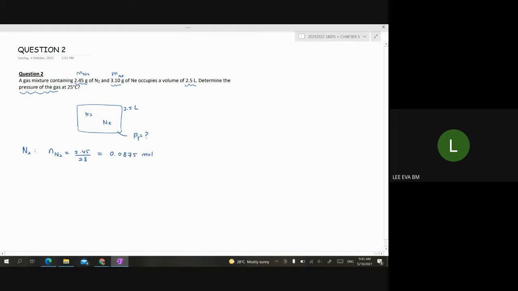If Madam is wrong, you can tell me. So on another side, we do it for neon. So the number of moles of neon, 3.10. Oh, Madam forgot about, what is it called? Atomic mass of neon. Anyone remember? Oh dear, forgotten.